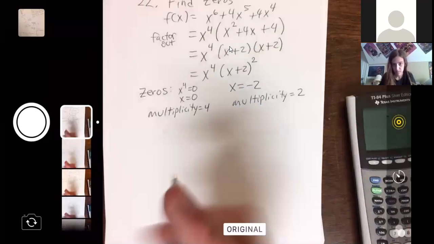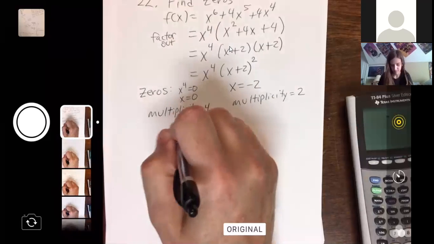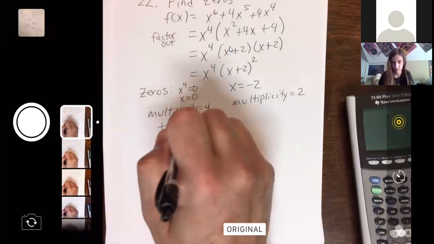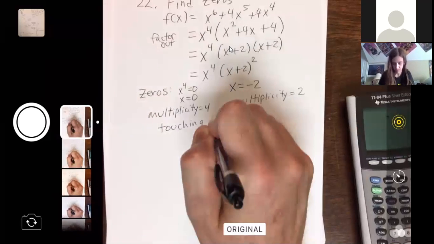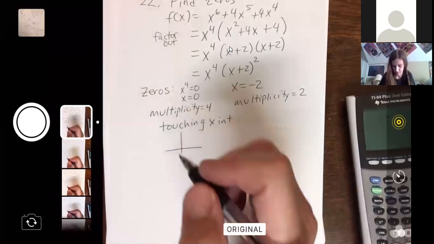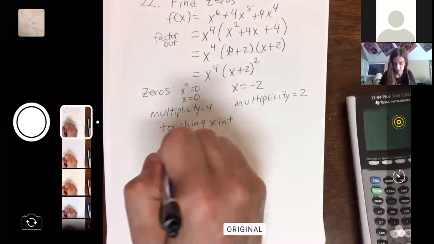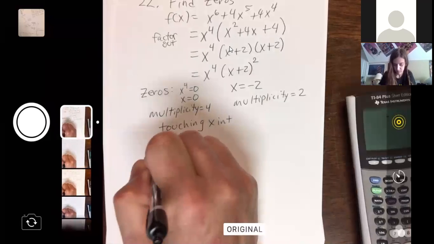I don't know if you remember what that meant. It's a technical detail. There are so many technical details that it's hard to make a big deal about them all, but it just meant that these were touching x-intercepts. So whatever the graph looked like, at 0 it's touching, and at -2 it's touching.